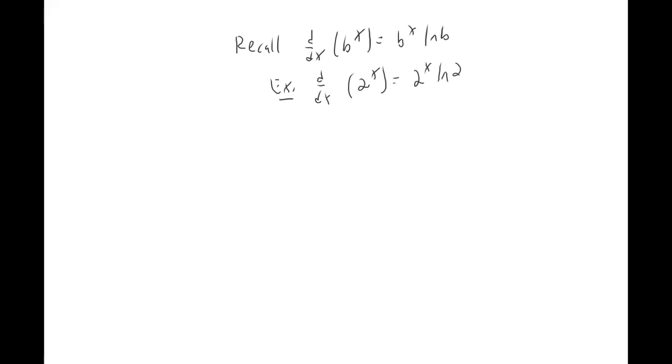If you forgot this rule, you don't need to remember it, because you basically do the same thing. Y is 2 to the x. How do I take the derivative of 2 to the x? Well, let's natural log both sides. Then this becomes x ln 2.